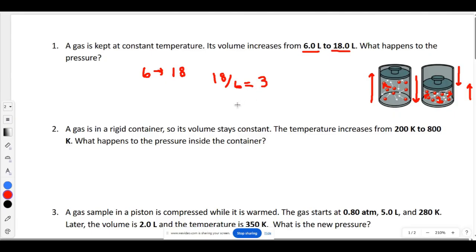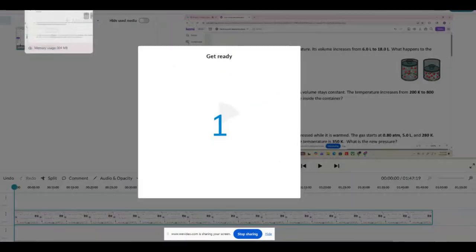Since it's an inverse relationship, if the volume goes up times 3, the pressure is going to be 1/3. So P, for pressure, is going to equal 1/3. It's going to be 1/3 the pressure. If the volume went up to 12, by times 2, the pressure would be 1/2. All right, so that's number 1.